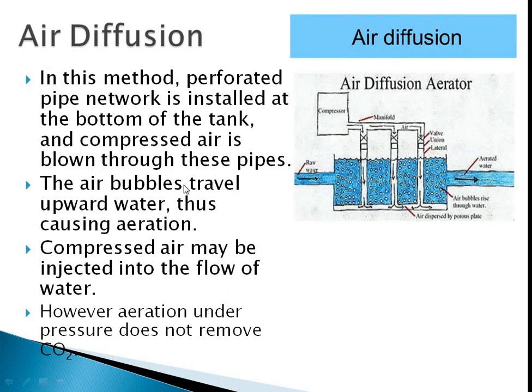This is the important non-gravity aeration process, that is the air diffusion aerator process. In this method, the perforated pipe network is installed at the bottom of the tank and the compressed air is blown through this pipe. You may see that there is an assembly of perforated pipes placed over the tank.